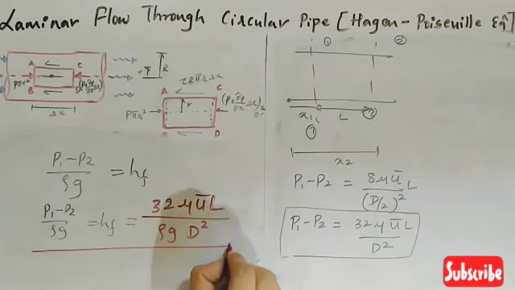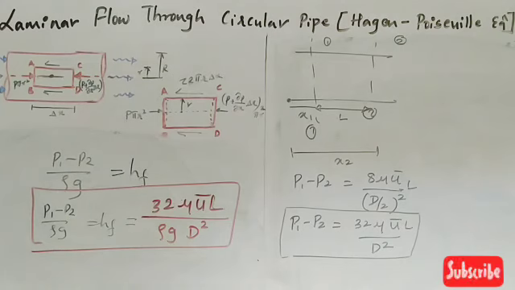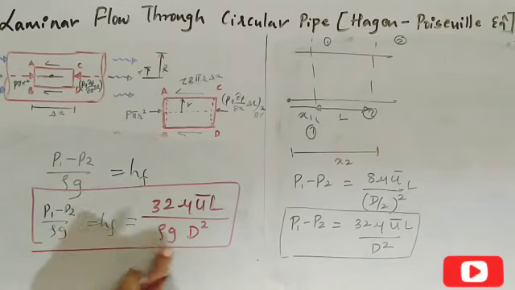So now this is our Hagen-Poiseuille equation, that is HF will be equal to 32 mu u bar, that is average velocity, into length, divided by density into gravitational constant into d square.